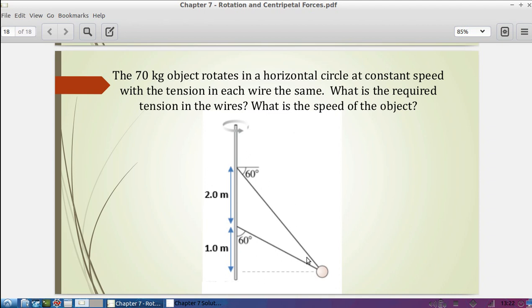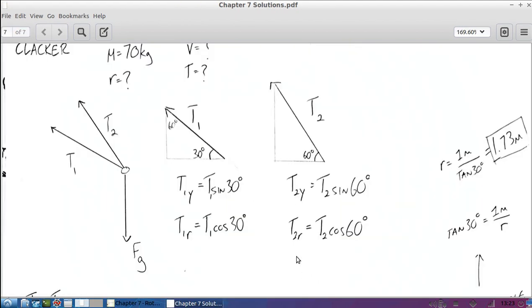So 60, 60. There's probably another way that you could solve it using similar triangles, but I think alternate interior angles is the best way to go here. So T2 is acting on the object at an angle of 60 degrees above the negative x-axis. Resolve that into your r and y components now. T2 in the y direction is T2 sine 60. T2 in the r direction is T2 cosine 60.